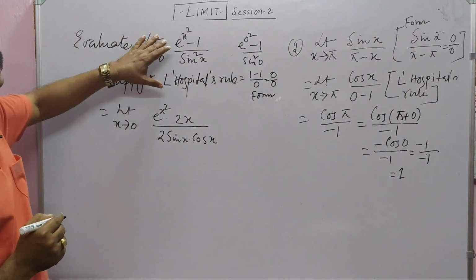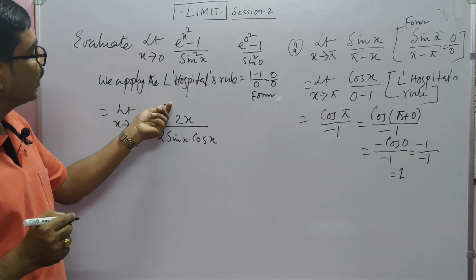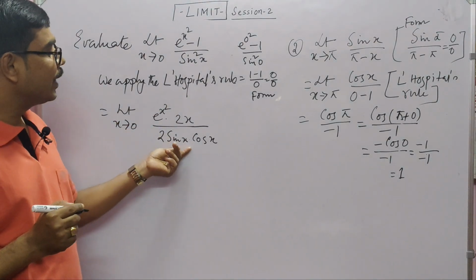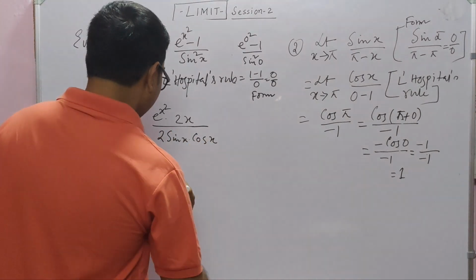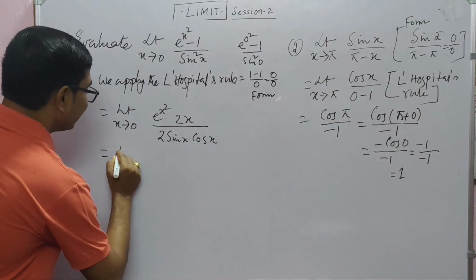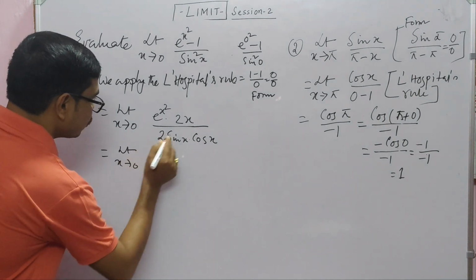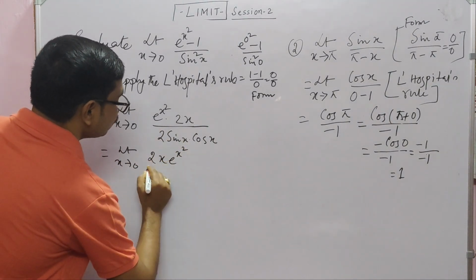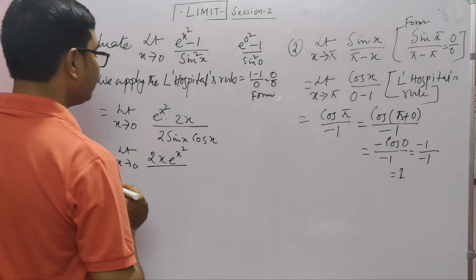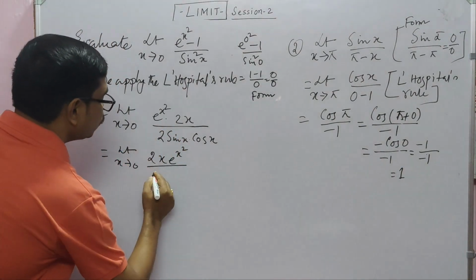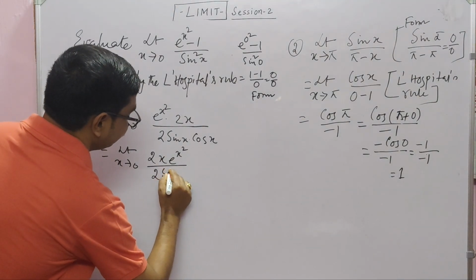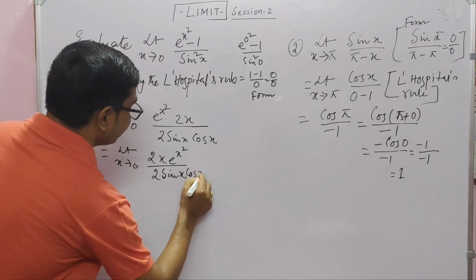So we now differentiate: e to the power x square into 2x by 2 sin x cos x. We can write limit x tends to 0, 2x e to the power x square by 2 sin x cos x.